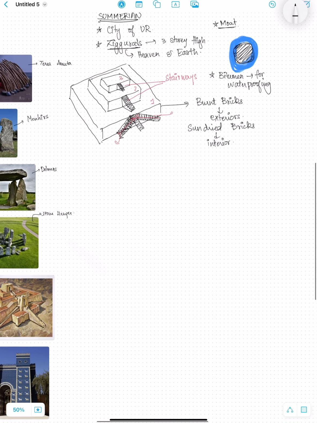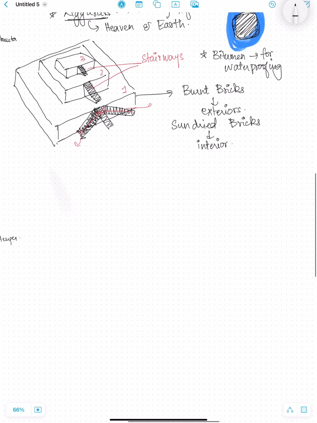Okay, now Babylon. So Babylon also had moat, but they also had a protection wall in addition to it, and this protection wall was called rampart.